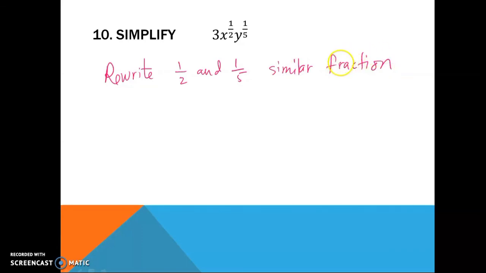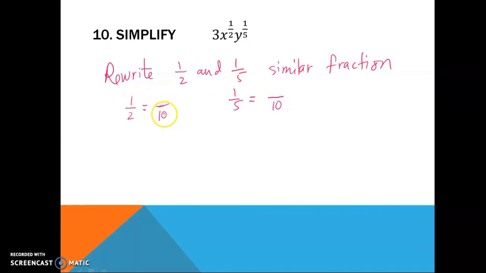Kailangan same yung denominator. So, yung 1/2, pwede natin siyang isulat as, ganyan. Then, yung 1 over 5, pwede natin siyang isulat as ito. Okay. Paano natin malalaman yung denominator? Kunin nyo muna yung LCD ni 2 tsaka 5. Ang LCD niya is 10. So, yun yung denominator natin.